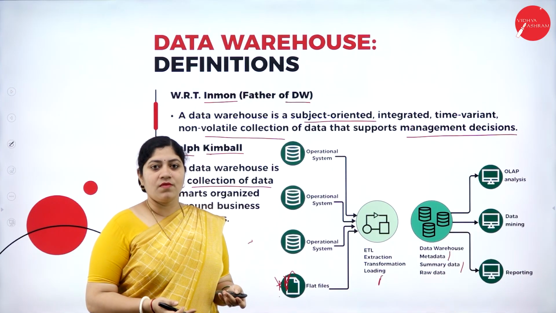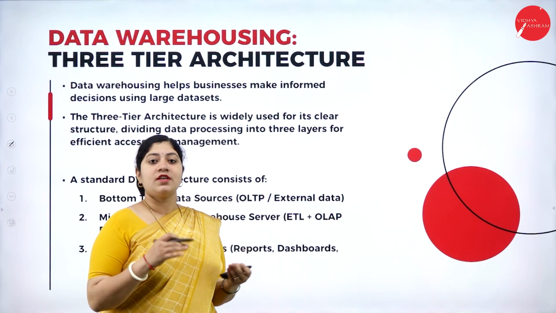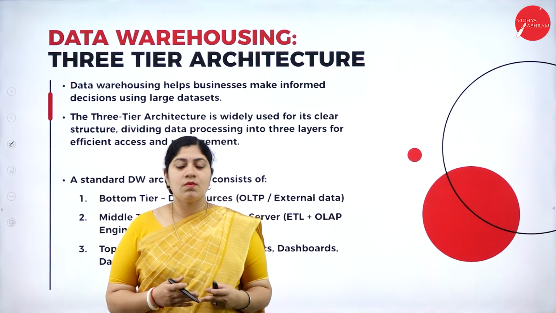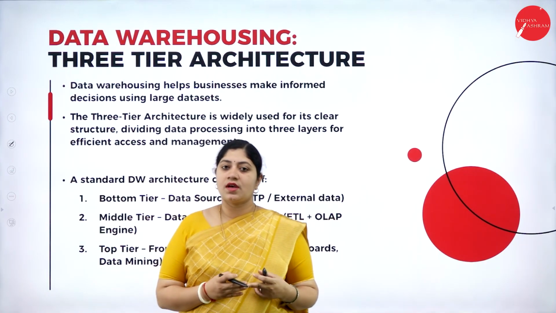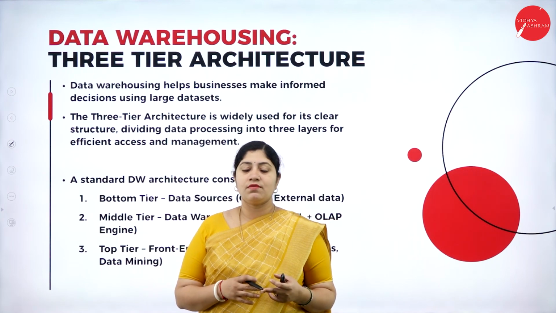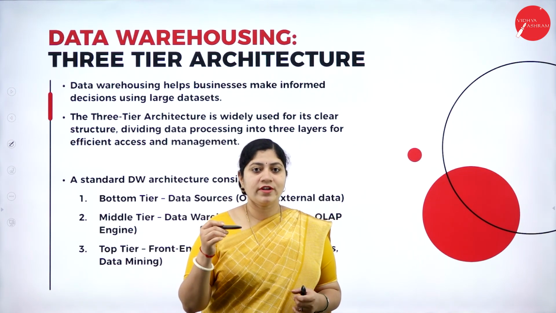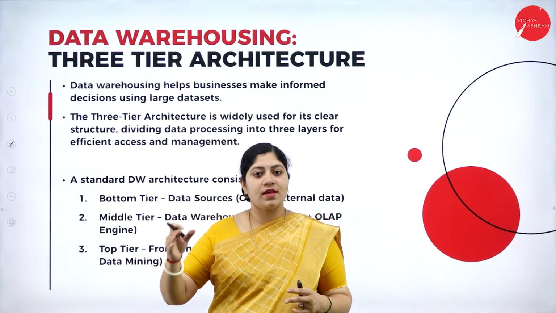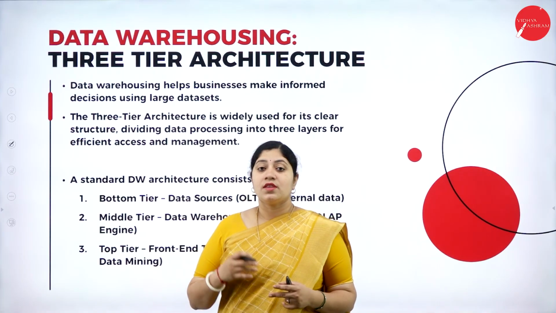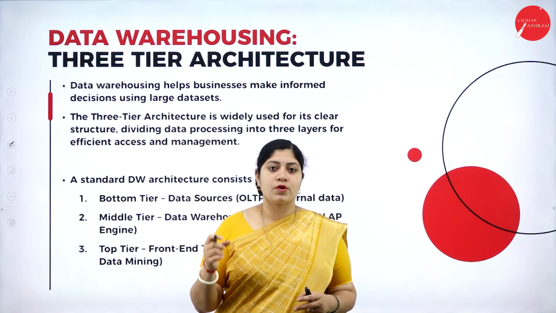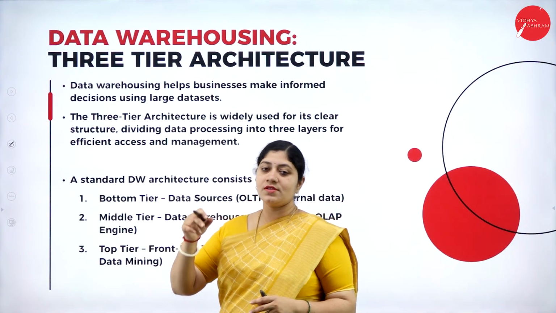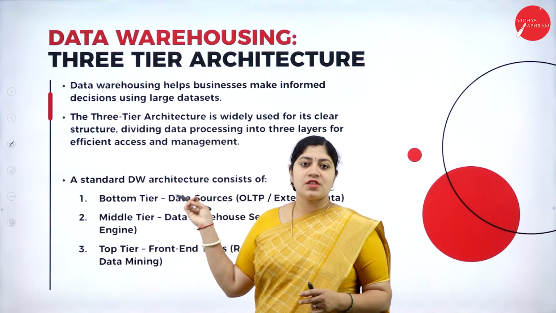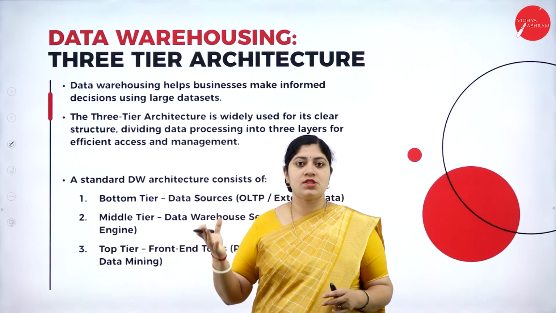Now let's move forward and understand the three-tier architecture of data warehouse. Before that, we have to remember what is the use of dividing the architecture into three tiers. The first and most important point to remember here is that the data warehouse will support businesses to make informed decisions.